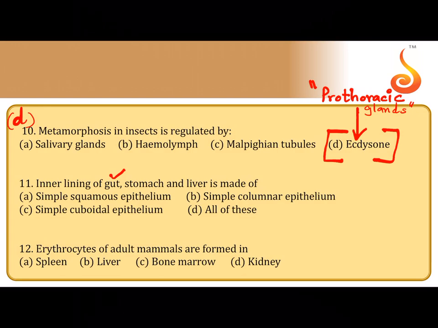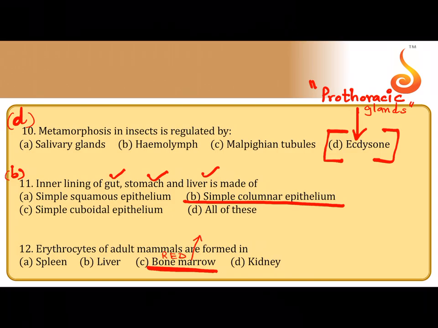The inner lining of your gut, which is your stomach, intestine, and your liver, is lined with what? Obviously, simple columnar epithelium. And especially if you remember, in the intestine, it has microvilli. So, second option. Erythrocytes of adult mammals are formed where? In the bone marrow, isn't it? So, you have the red bone marrow.